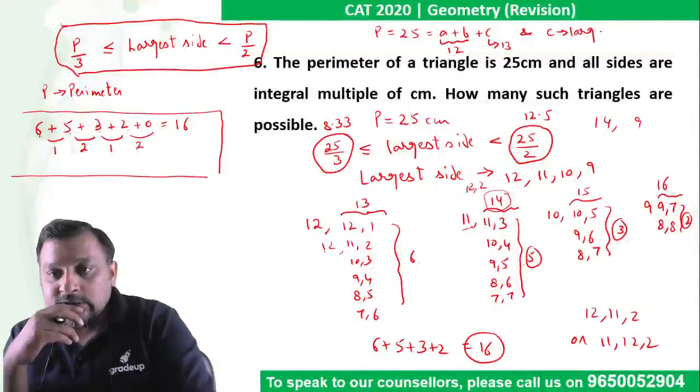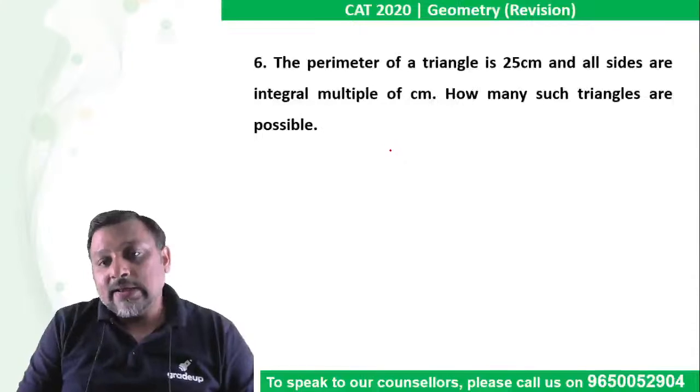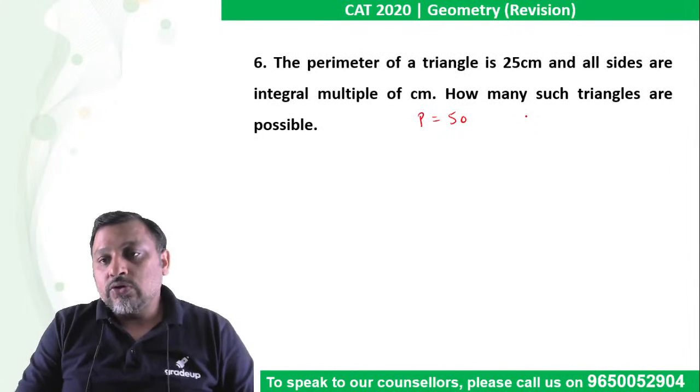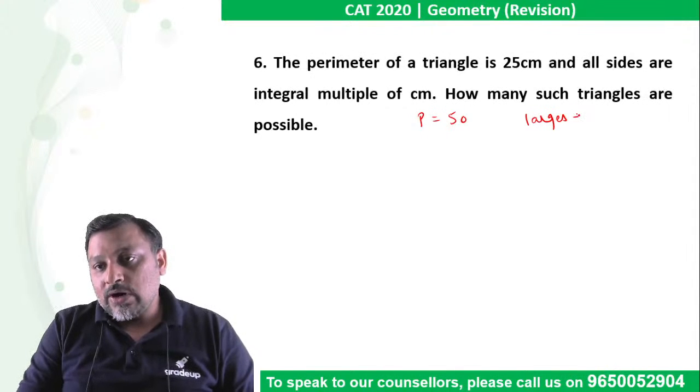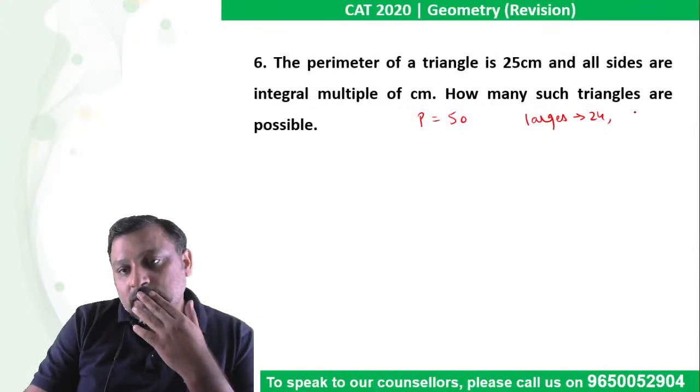Yes, Harish, pattern is valid always. See, if I take a case, let's say perimeter is 50. So largest side would lie in this range from 24 to I think 17.